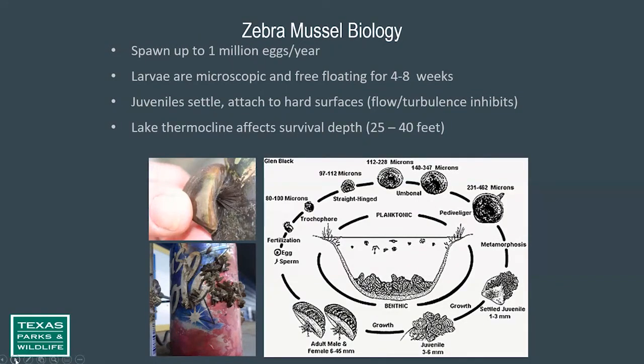Or even more threatening, just a boat that spends a few hours on the lake and actually has some bilge water during a spawning period for the zebra mussels might have thousands of little juveniles in that bilge. And so if they go to the lake the next day, but it's a different lake, that's a problem. So it's very sneaky in that it can be transferred many different ways.